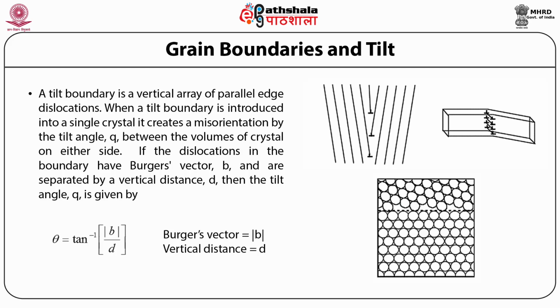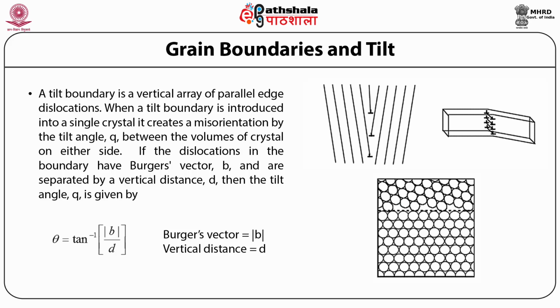As you can see on the left-hand side in the figure, there are two kinds of grains with parallel lines. These are the crystalline planes and they are tilted with respect to each other, and there is an inverted kind of T. These are dislocation lines perpendicular to the plane, and the separation between these T's is d in the formula. The idea is that we can determine this tilt between the plane boundaries using diffraction methods.